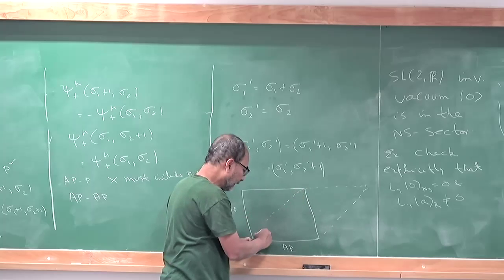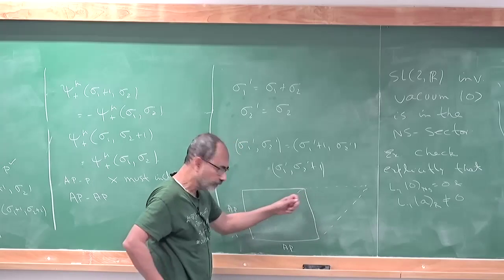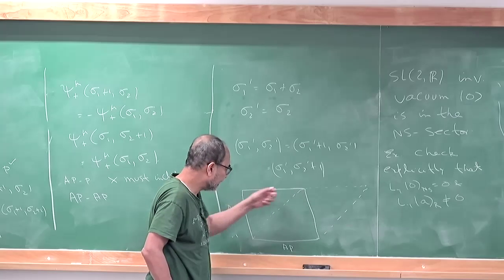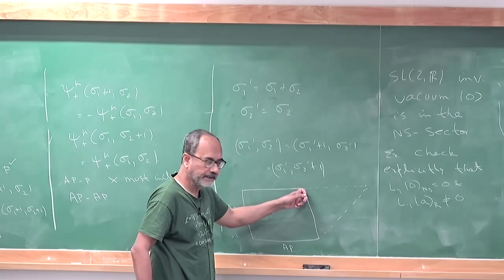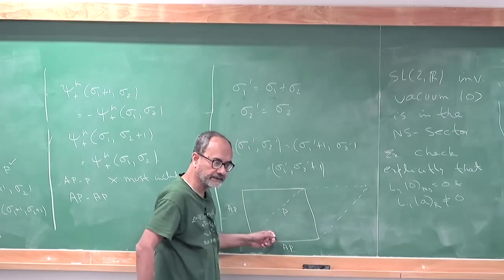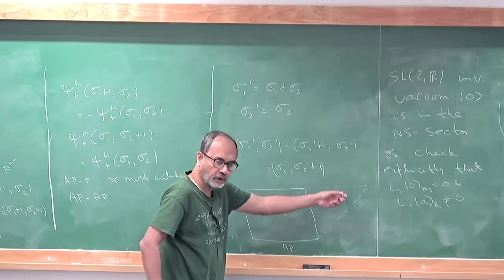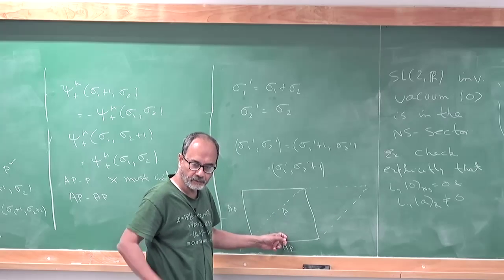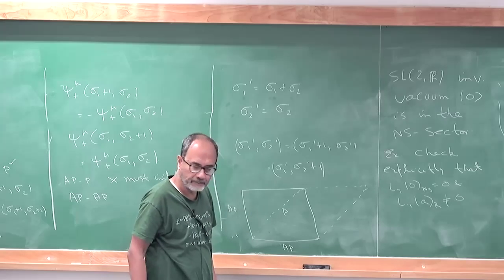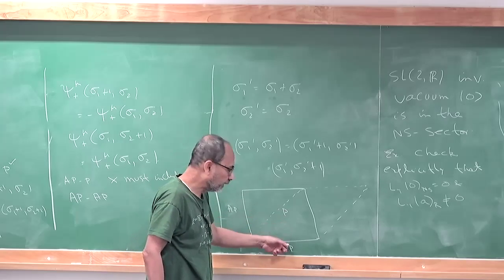Now along this cycle, it becomes periodic, whereas it's antiperiodic in this direction and antiperiodic in this direction. So along this cycle, we now have a periodic boundary condition and an antiperiodic boundary condition. This is a choice of basis, which is equivalent to making this transformation from sigma 1, sigma 2 to sigma 1 prime, sigma 2 prime, and then you get periodic, antiperiodic.